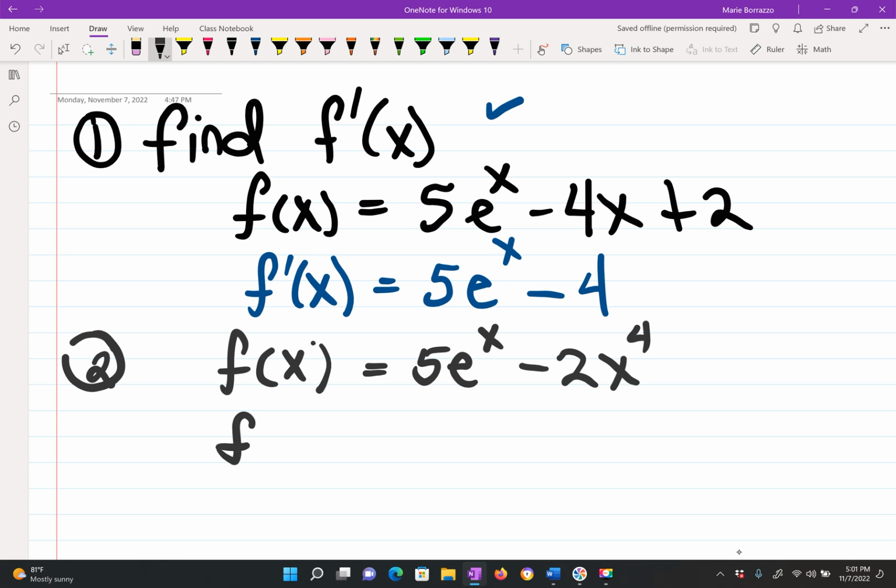Find that first derivative. Solution, 5e to the x minus 8x to the 3rd.